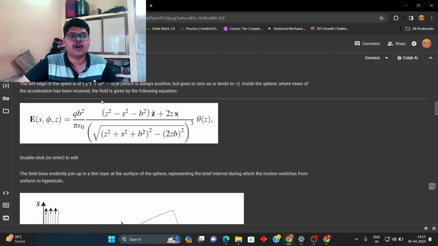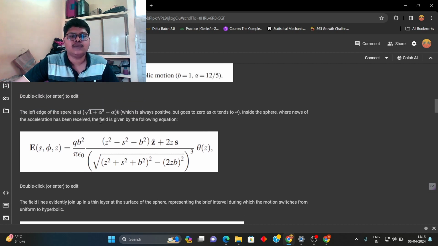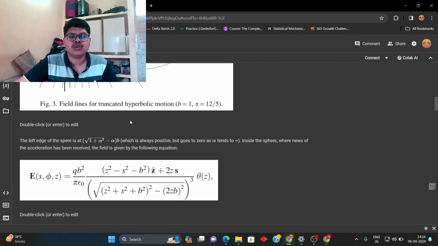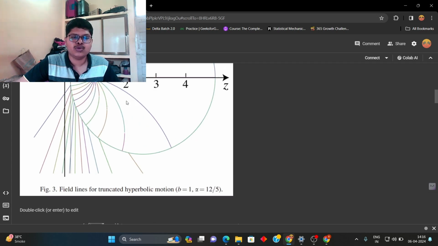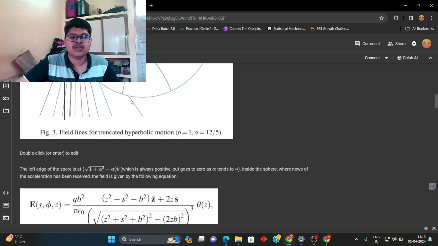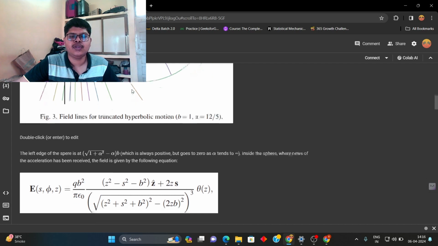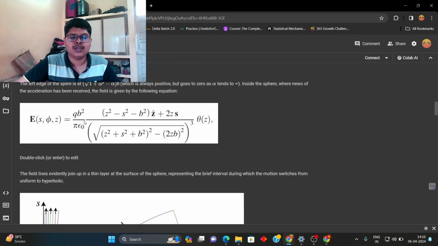The left edge of the sphere is at (1 plus square root of 1 plus alpha squared, minus alpha) times b, which is always positive but goes to 0 as alpha tends to 0. Inside the sphere, where the news of acceleration has been received, the field is given by this equation, which is derived in the second portion.